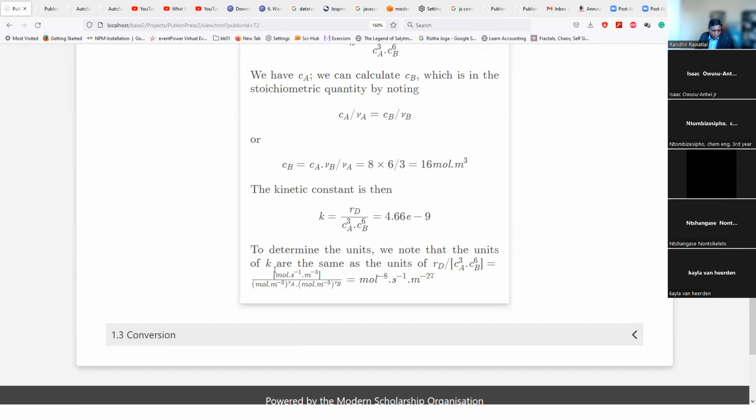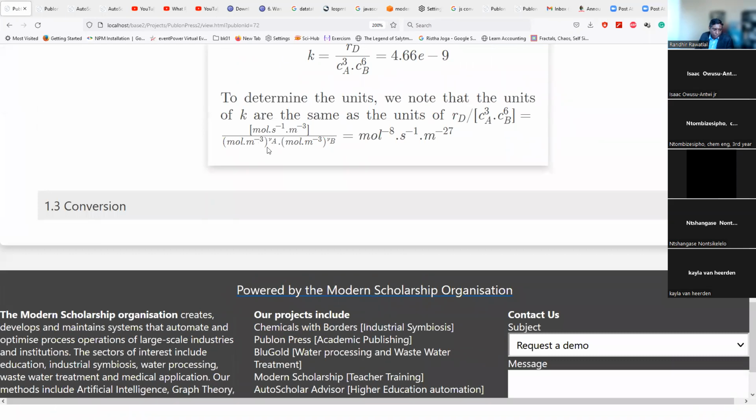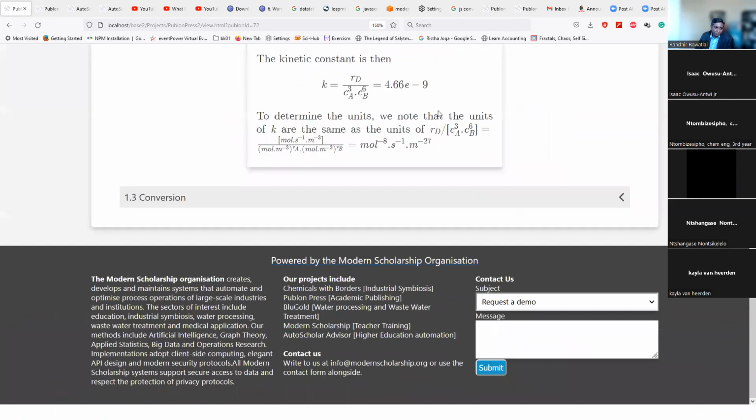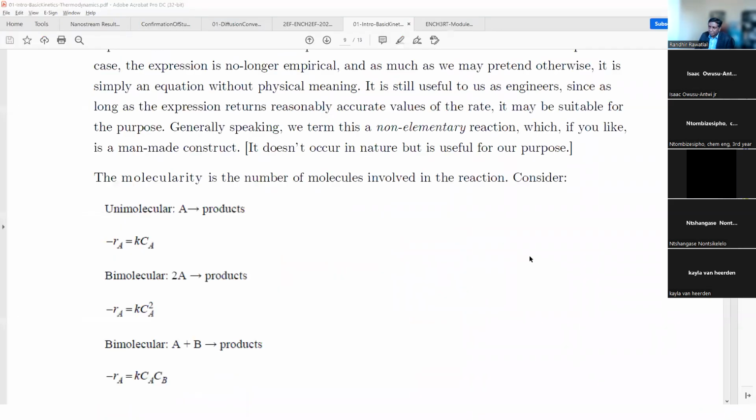There are the units of the reaction rate, and then here you've got the units of concentration, now raised to the power of the stoichiometric coefficient, and so that's how you work them out. So you can get some crazy coefficients here, meters to the minus 27, you can see in this case. Okay, so work through those examples.